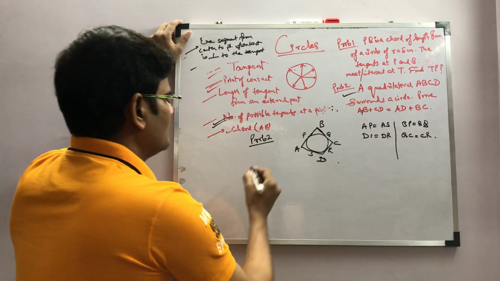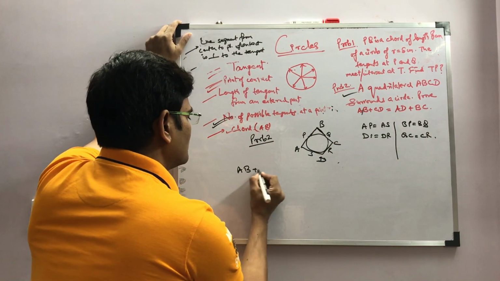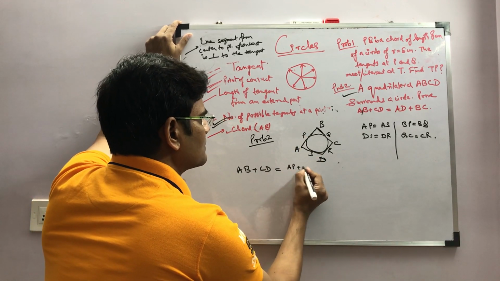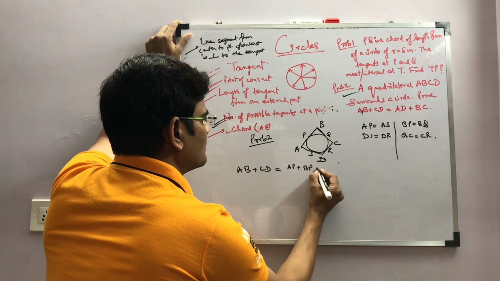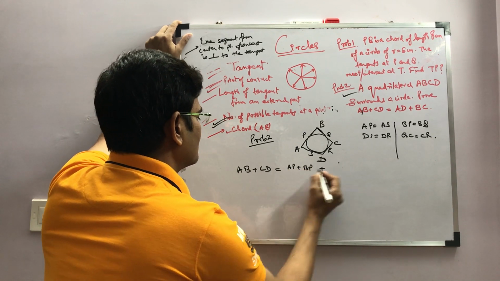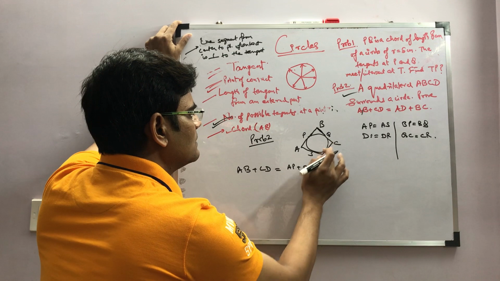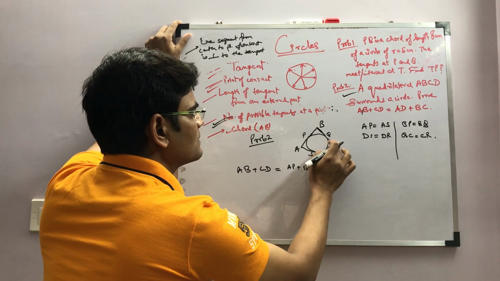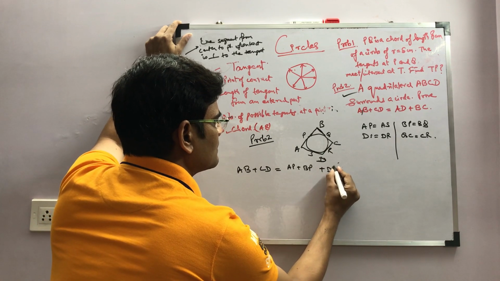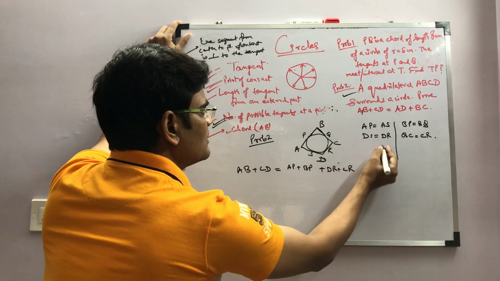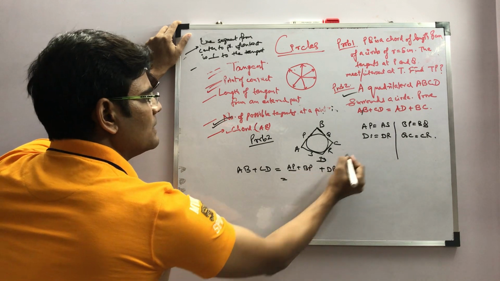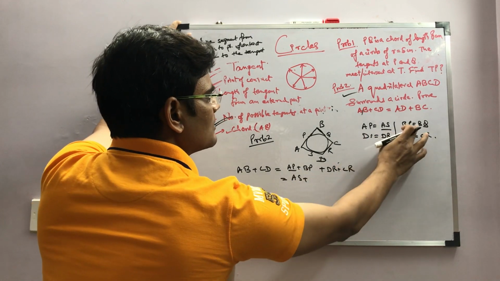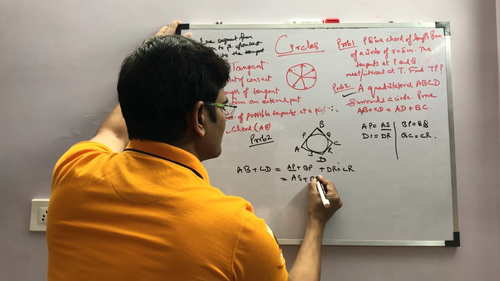So AB plus CD. AB, break AB into AP plus BP, plus CD. CD is how much? DR plus CR. Do the replacements. AP can be replaced by AS. BP can be replaced by BQ.